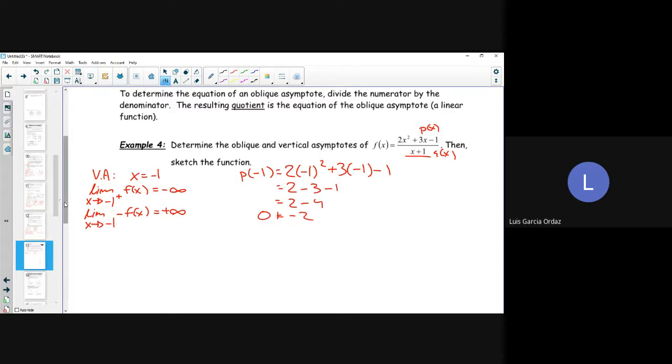So now I need to check for my oblique asymptote. So we're going to use synthetic division, which is something you guys like. So what is my factor that I can use for my denominator? What's my factor in the denominator?